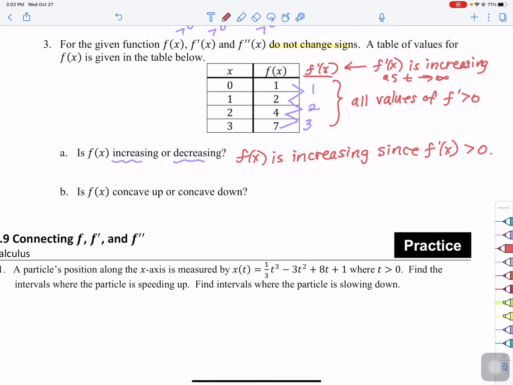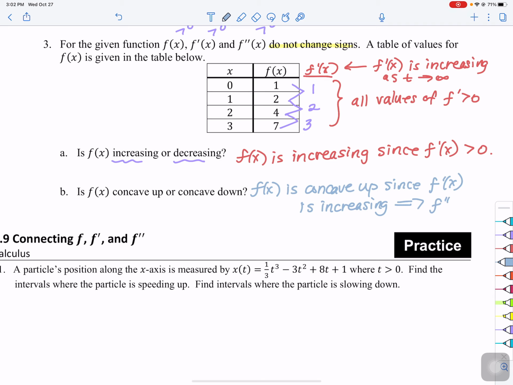So f(x) must be concave up, since f'(x) is increasing, and if f'(x) is increasing, that means f''(x) is positive. Okay? So that concludes this topic.